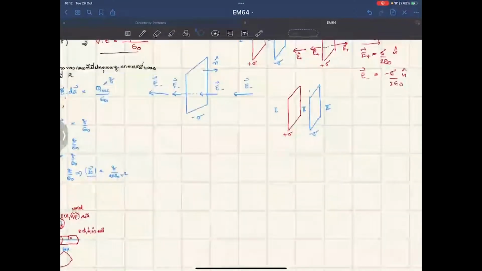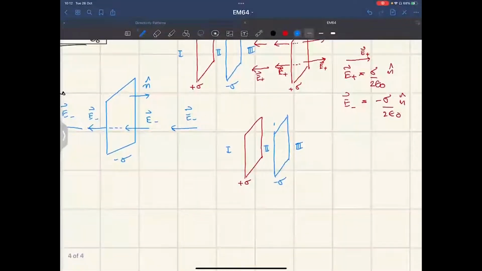Can you tell me what happened? Let's draw it. For the positive one, the E field is going this way, and the negative is going the other way.